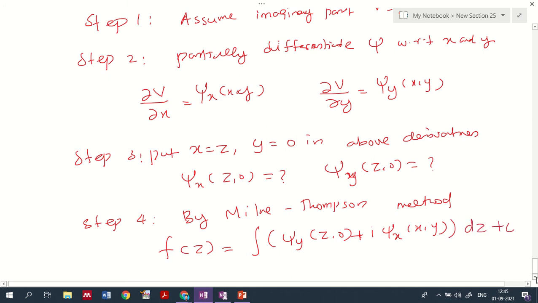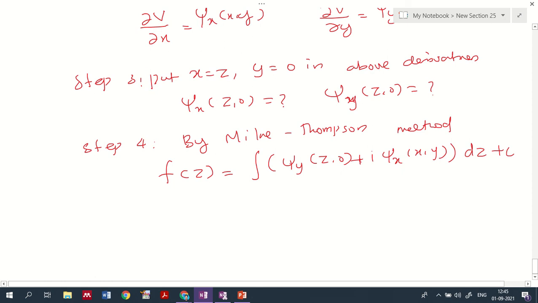Okay, note down the change from the earlier case. Here psi y of z, 0 plus i psi x of z, 0 we are representing, and step 5, once you got this one you can actually find the real part. Okay, find the real part once you got the analytical function. So real part you can find from here. Okay, so that is case 2, and there is one more, that is case 3.